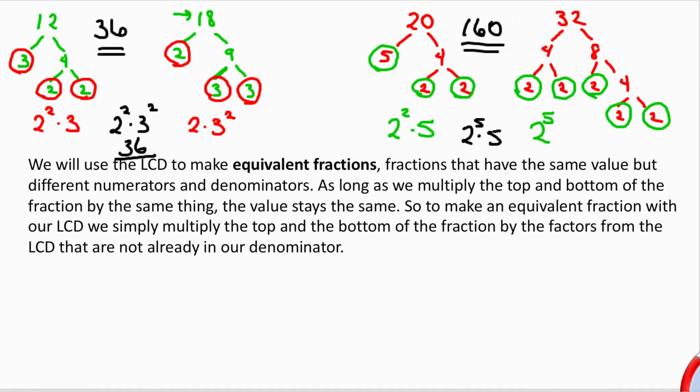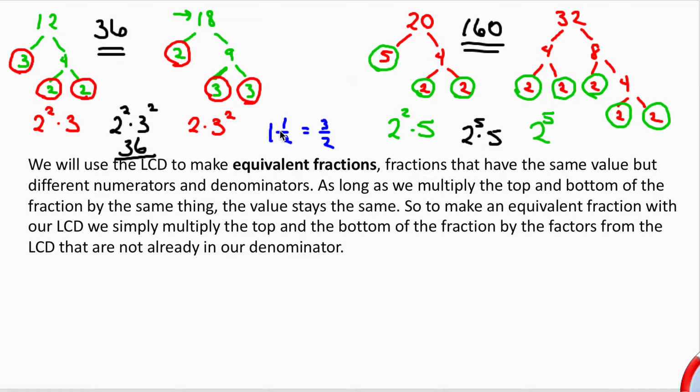Okay, now we're going to use the least common denominator to make equivalent fractions. Equivalent fractions are fractions that have the exact same value as the one we're talking about, but different numerators and denominators. Like earlier when we were converting, well, no, we didn't do that. We converted mixed numbers to improper fractions, but same idea. 1 1/2 is the same thing as 3/2, except I don't want to go mixed numbers.